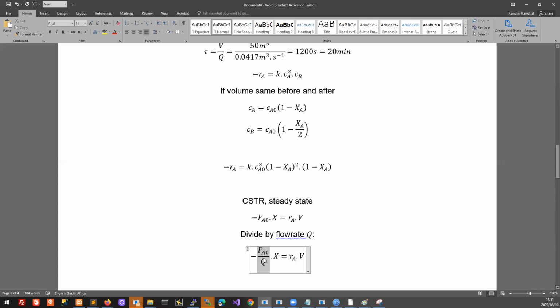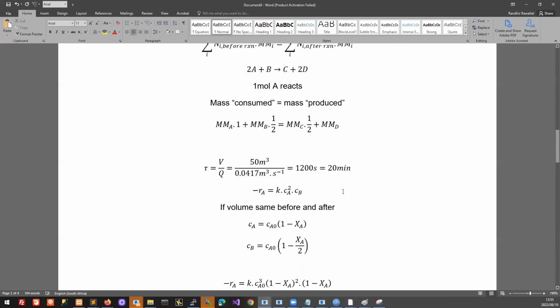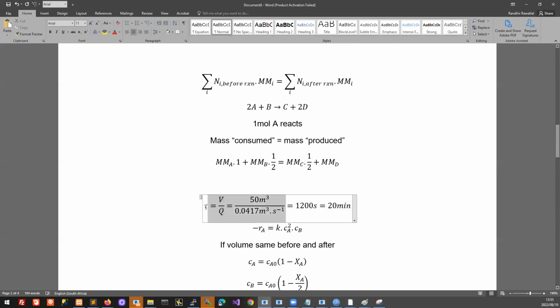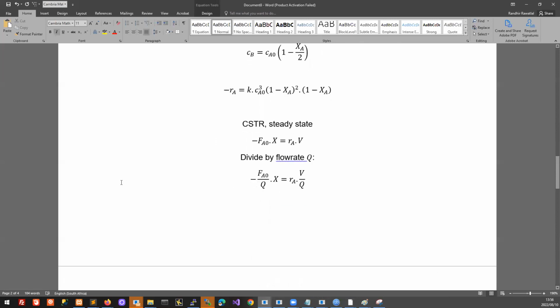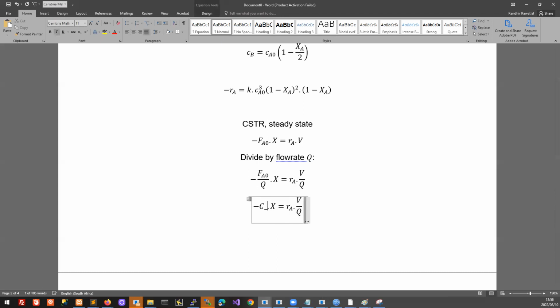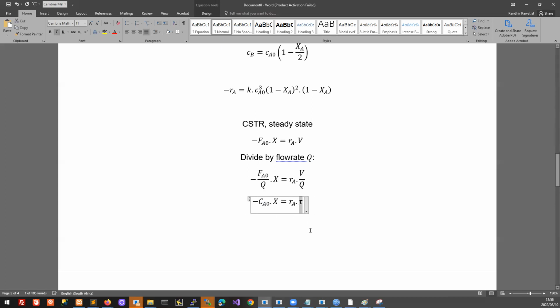This is going to give us the concentration CA naught. And here we are also dividing by Q, so volume divided by volumetric flow rate, like we said earlier, is nothing but the space-time. So we can rewrite this as CA naught times X, and on this side we've got tau, which is a number we've already worked out.